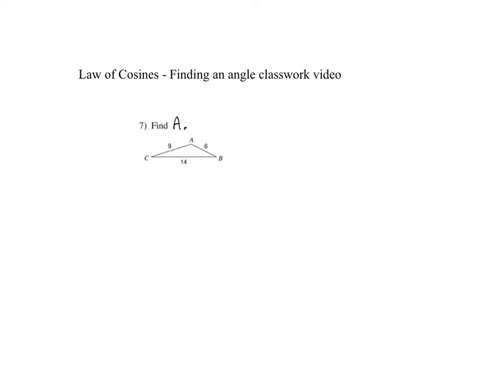The first problem, here you are given a triangle, and in particular, you're given all three sides. Anytime you're given all three sides of a triangle, you're going to look to use the law of cosines.